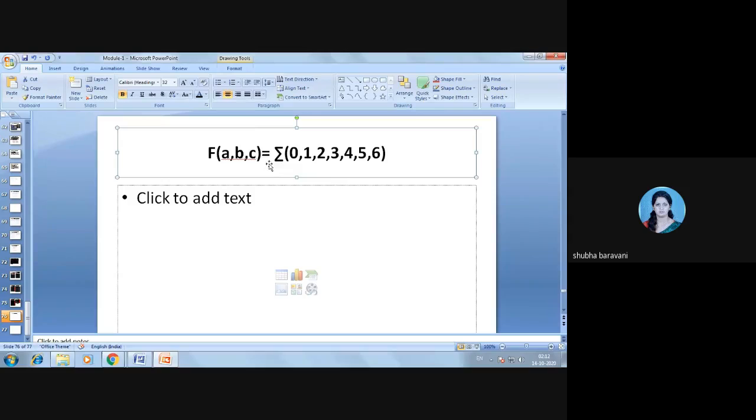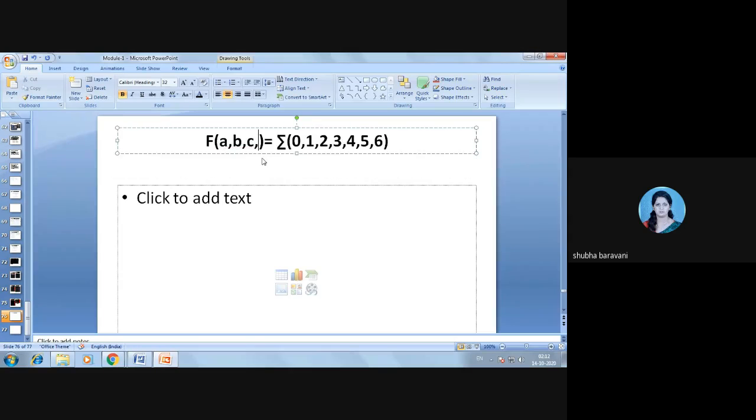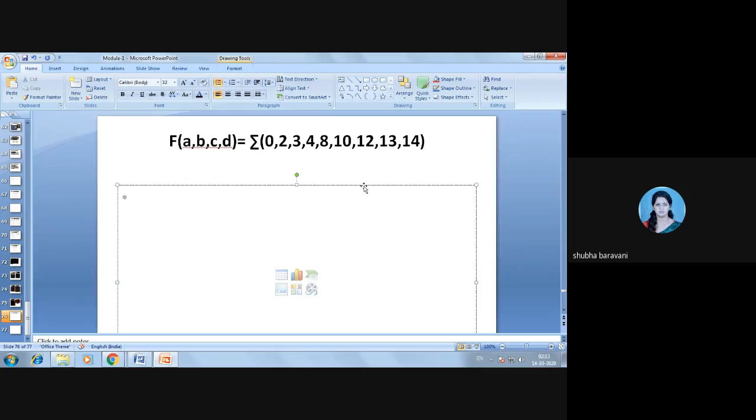Find all the PI for the function f of ABCD equal to summation of 0, 2, 3, 4, 8, 10, 12, 13, 14 using Quine-McCluskey method.